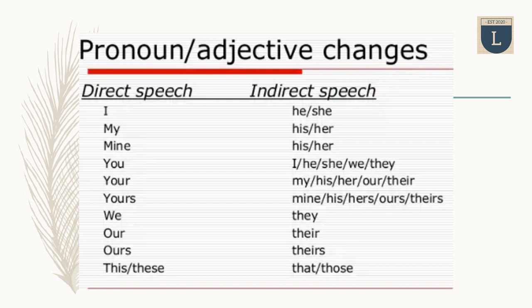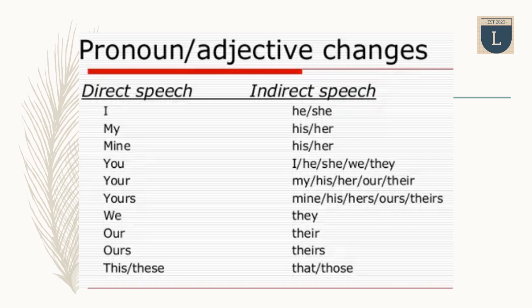Let's see some of the pronoun or adjective changes that happen when we change from direct to indirect speech. I becomes he or she; my becomes his or her; mine becomes his or hers; you, I, he, she, we, they are some of the pronouns that get changed. Your, my, his, her, our, their.